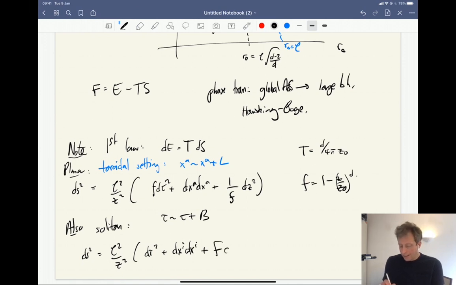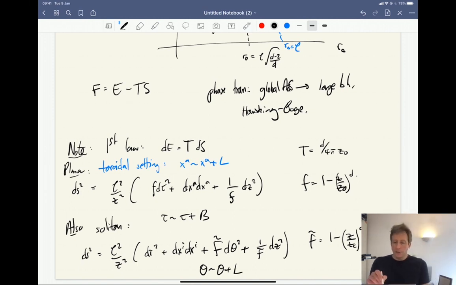We just take, instead of Euclidean time to shrink at a horizon, we take one of the spatial circles, which now is periodic with length L. So this is just one of these directions, whichever one you like, to shrink.